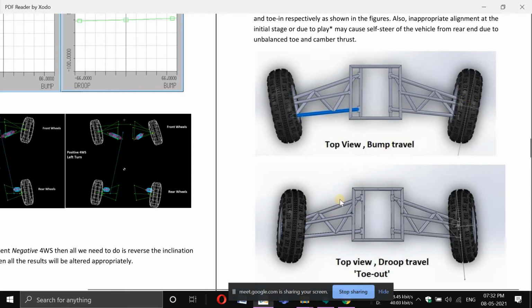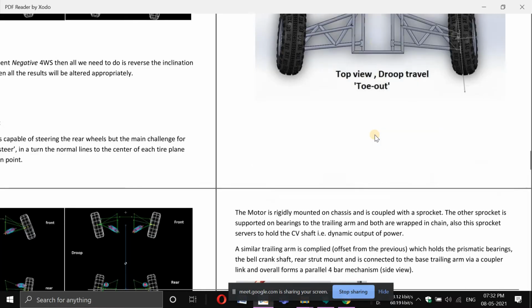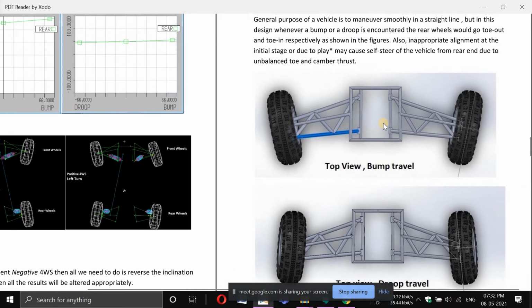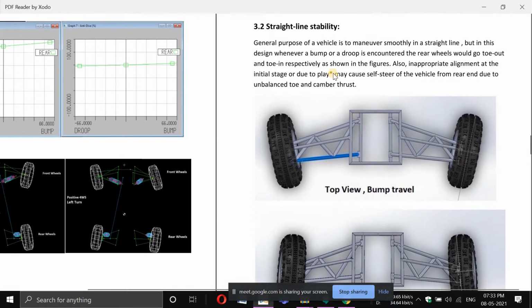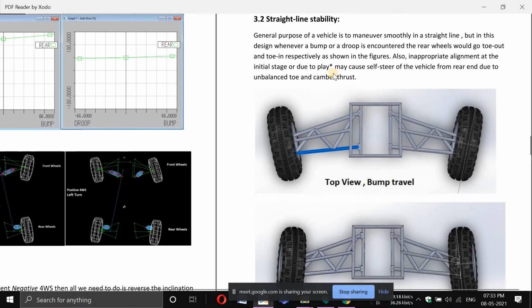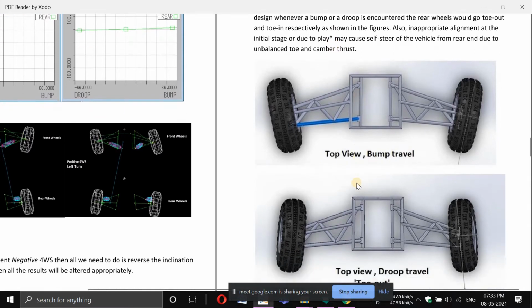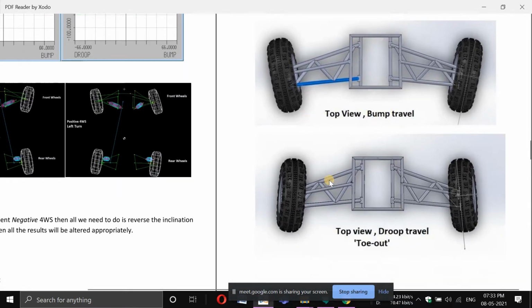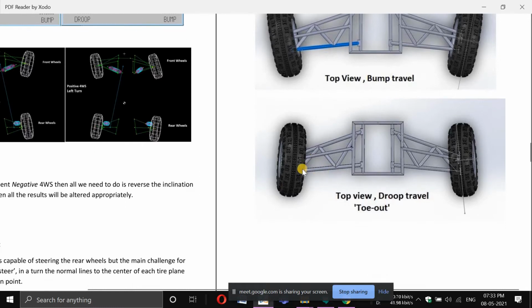These two diagonal combinations were very beneficial for us. But the straight line stability is hampered by this design, because this design was not able to overcome straight line stability.